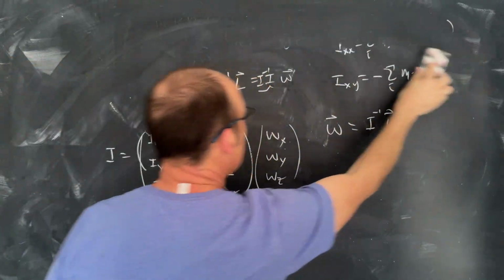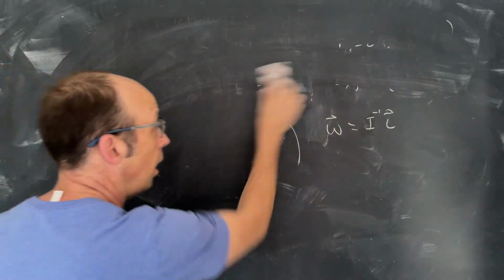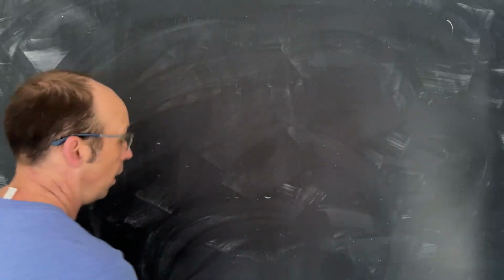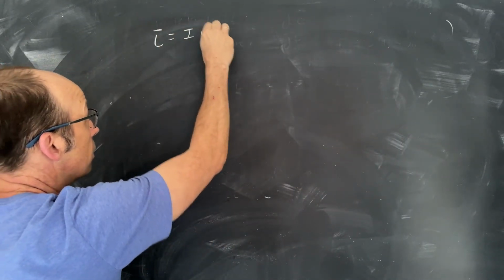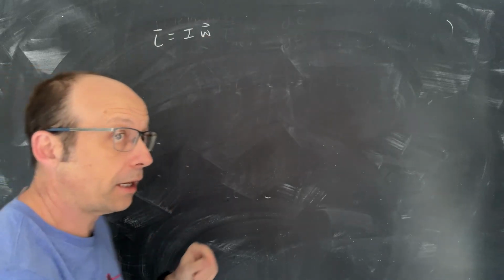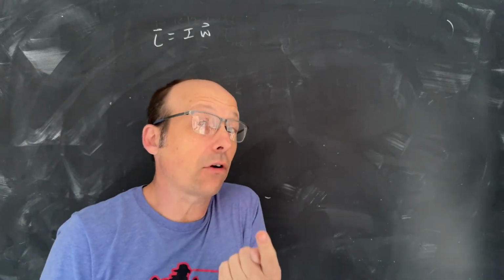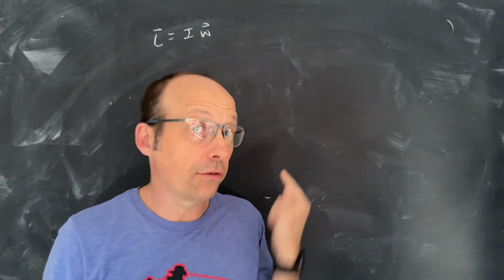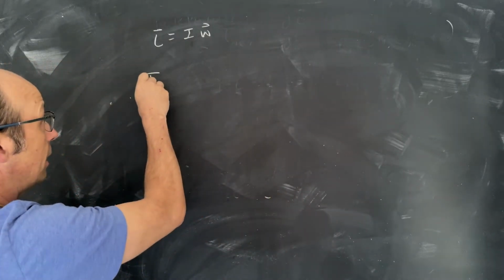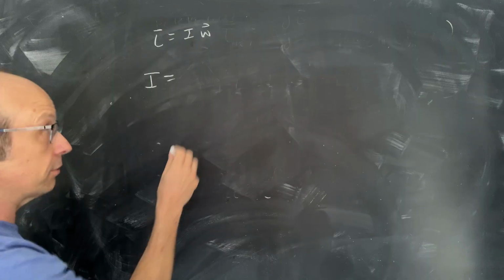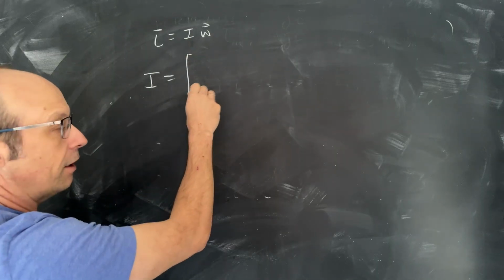Okay, so let's suppose that I want to do I omega. I want to find L, which is I omega. How do I do that in Python? Well, I do have the vector class in WebVPython, so I'll have those as vectors. What I'm going to do is represent I as a list of vectors. So I'm going to put it in a weird notation.